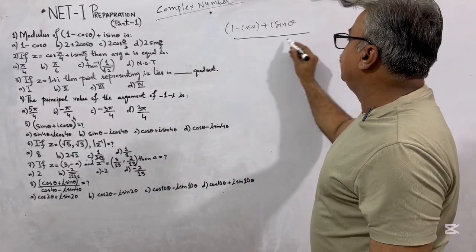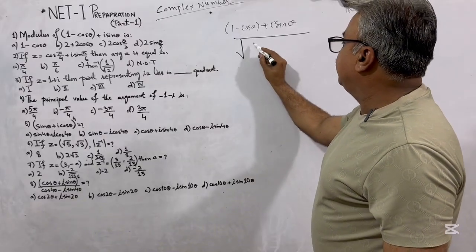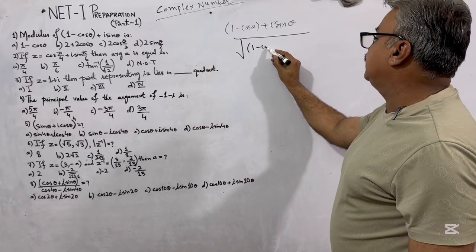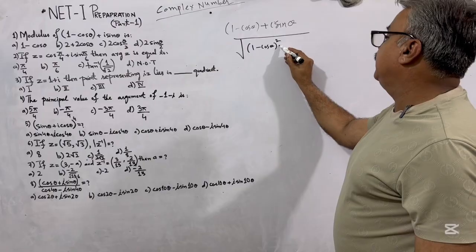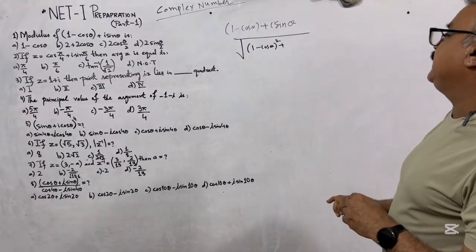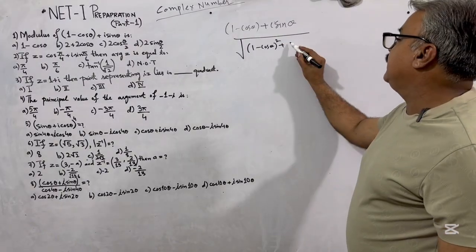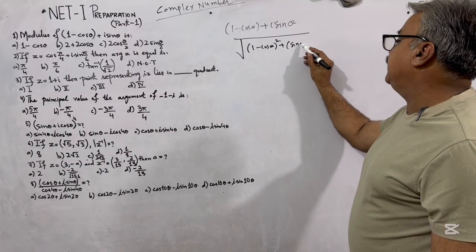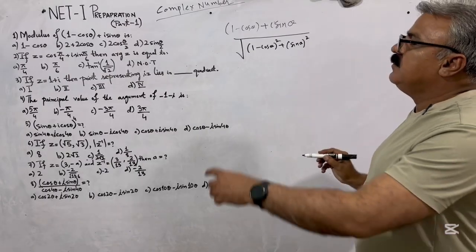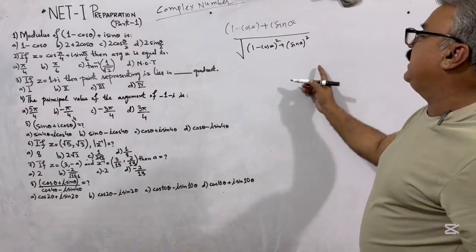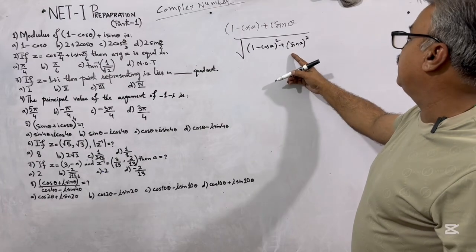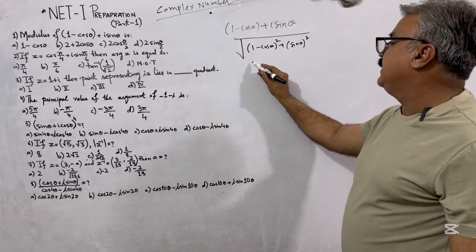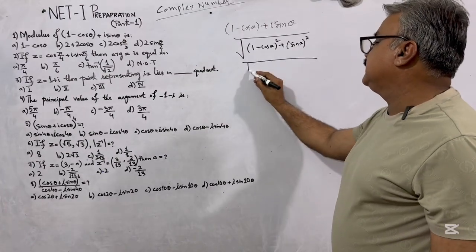Modulus is given by the root of the real part, that's 1 minus cos theta, squared, plus the coefficient of the imaginary part, without taking iota, that's sin theta, squared.